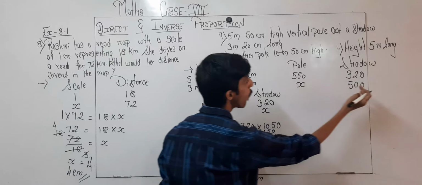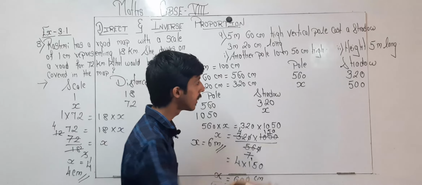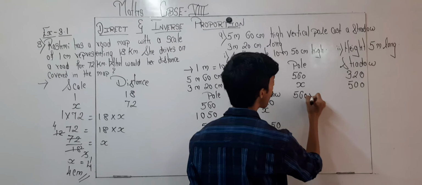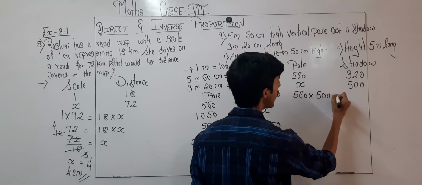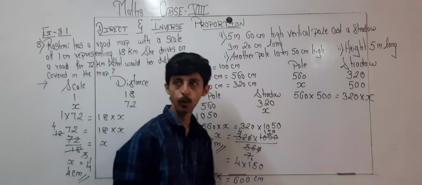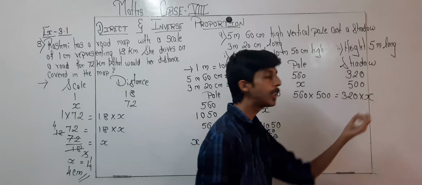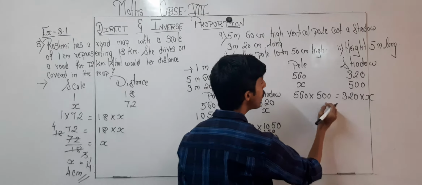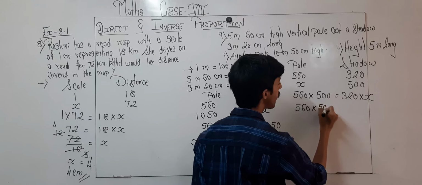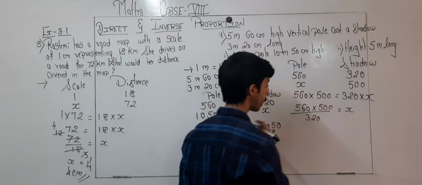Now the shadow is increased, so the size of the pole will also increase. So by direct method, again 560 multiplied by 500 is equal to 320 multiplied by x. So 560 multiplied by 500 upon 320 is equal to x.